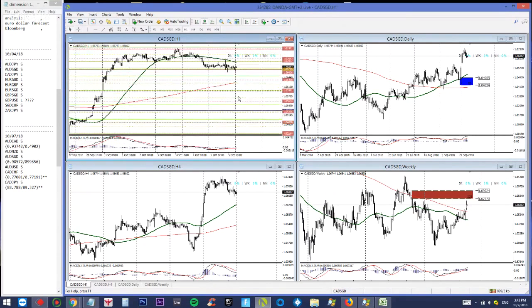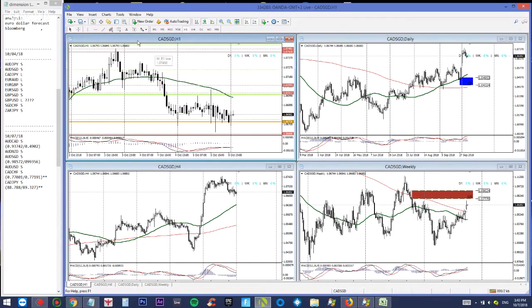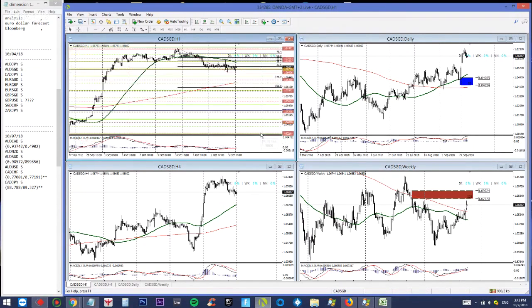So higher high, higher low, divergence. We could expect some short setup right here around the 61 area with the weekly resistance line. Let's just put it right here.